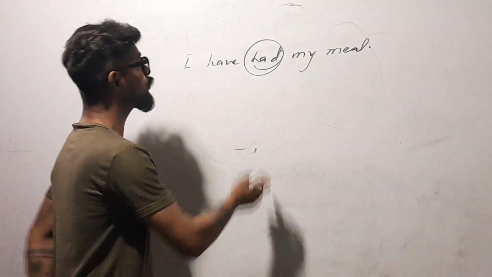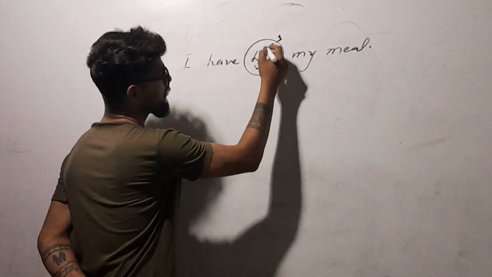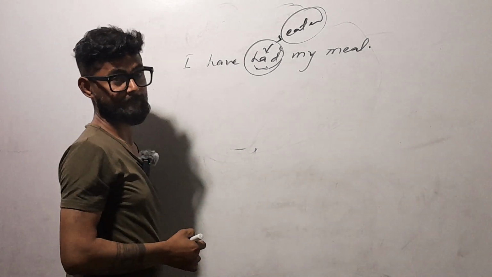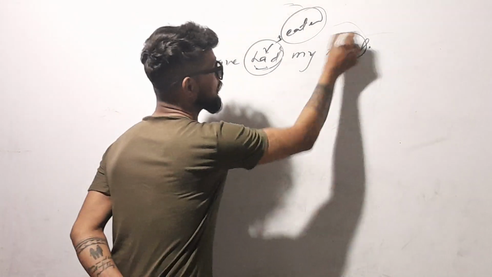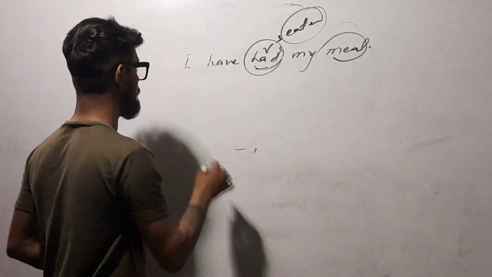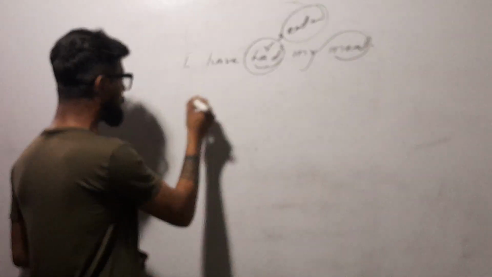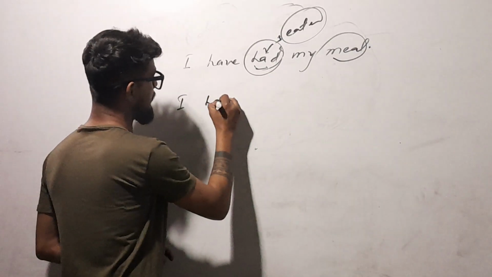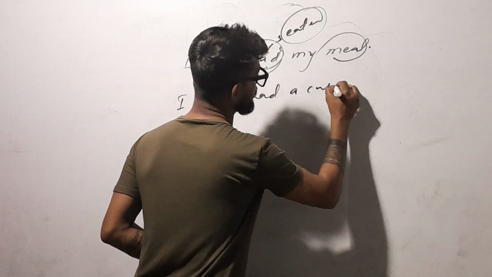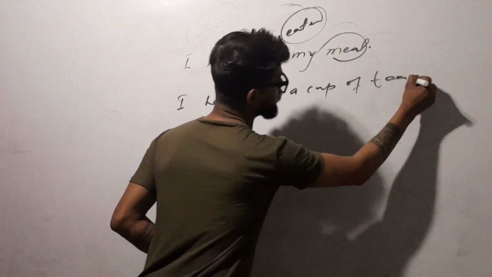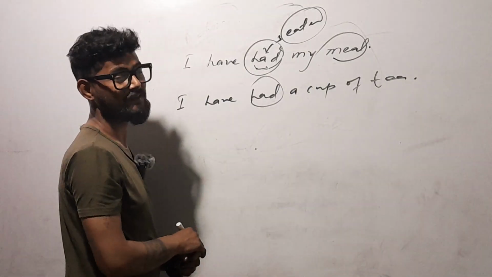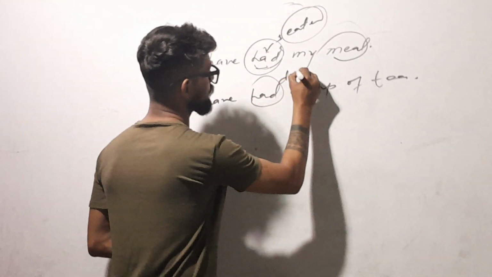Remember, okay? So this is verb 3, eaten. It can be considered as eaten because here is meal. If this sentence would be this one, I have had a cup of tea, a cup of tea, now it is considered as drunk.